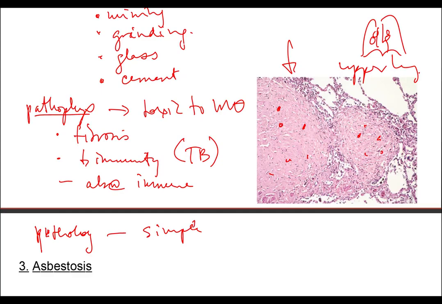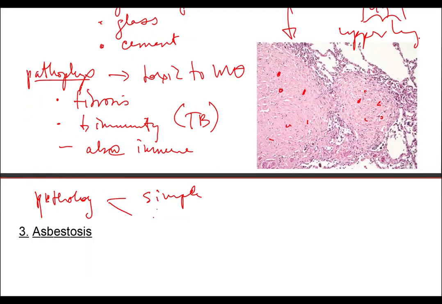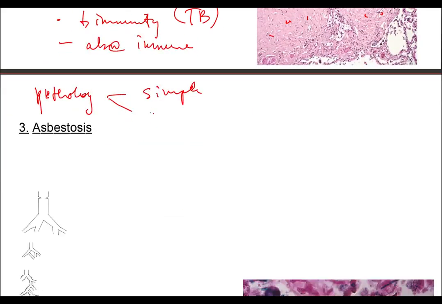But of course, the real worry is that you can also get complicated disease, which is going to give us massive pulmonary fibrosis. And massive pulmonary fibrosis is going to lead to cor pulmonale and respiratory failure.